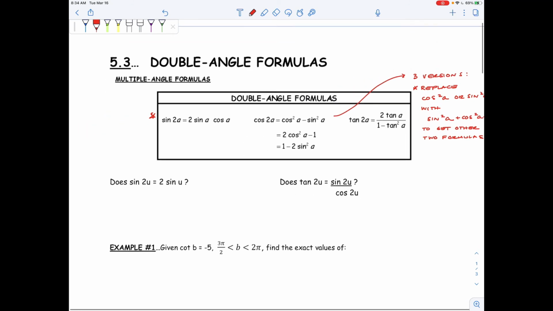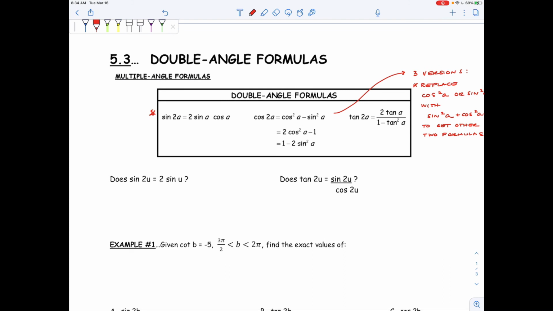A couple of notes about the algebra on these. If you look at the left side here, does sine 2u equals 2 sine u? Is that a true statement? Can we pull the 2 out from the inside? Kind of like we're just rearranging almost algebraically, like we might do in an algebraic expression. Well, let's check it.